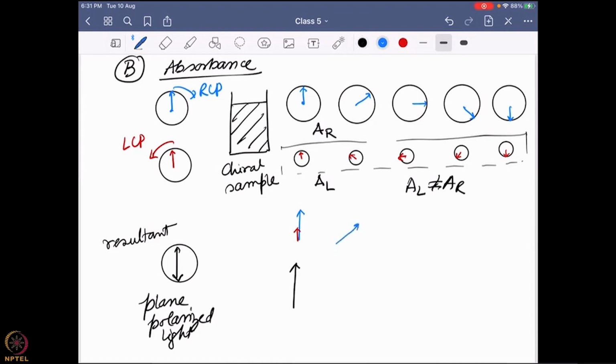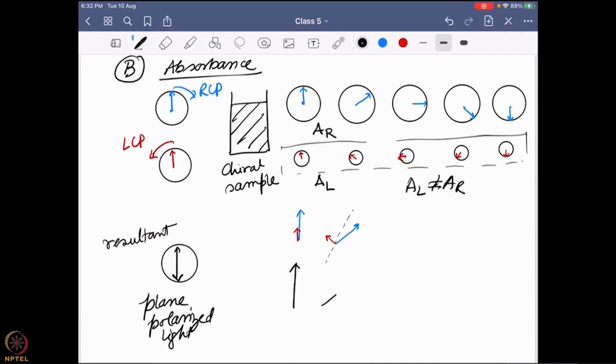This is the right hand one, and this is the left hand one. Previously, because they were of the same amplitude, the resultant remained in the same position, but now it is not going to be in the same position. It's vector algebra you can think about. It will be rotated towards the right hand circularly polarized light, because it has the higher amplitude.